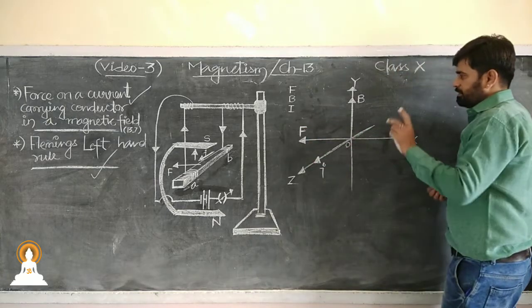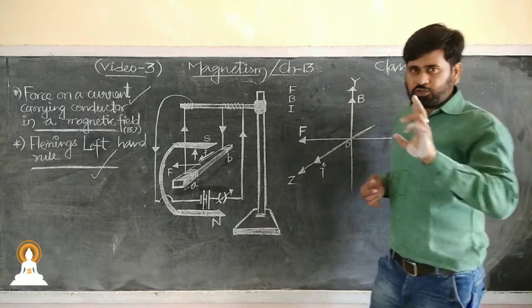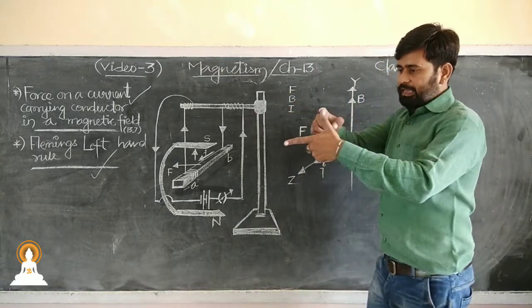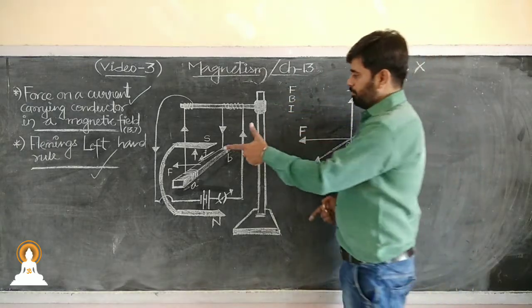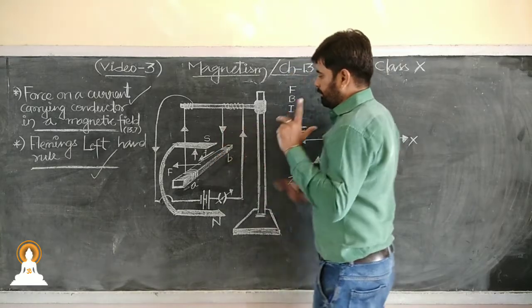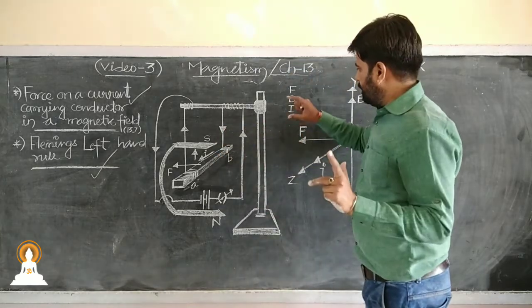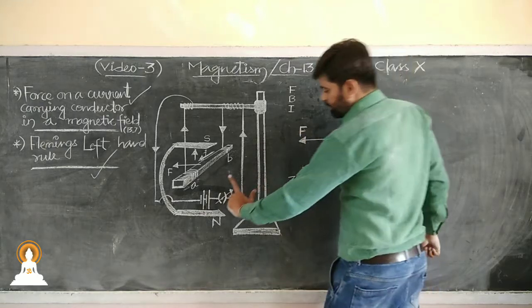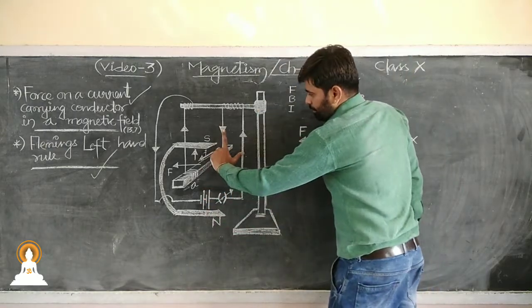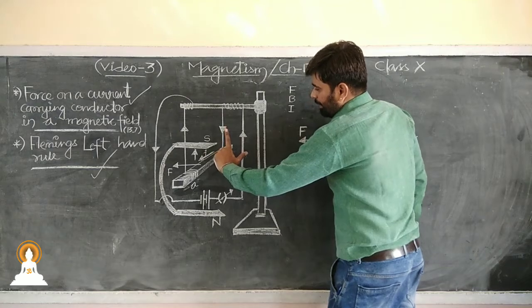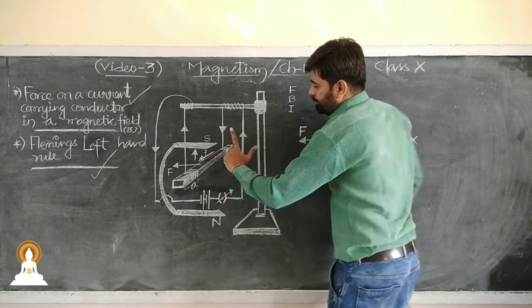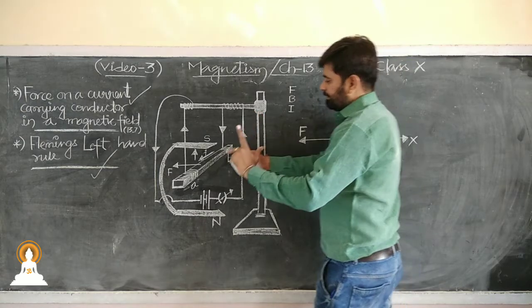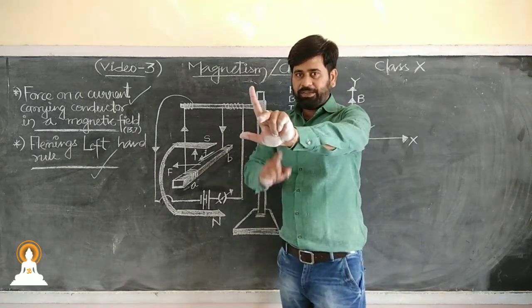Now see, we may see the short form of this: FBI. First, we have to arrange the finger which is constant. The magnetic field is constant here, so like this. Then I is coming outside, so the middle finger will decide the direction of current, so the middle finger is like this.